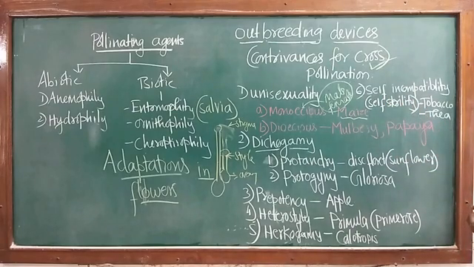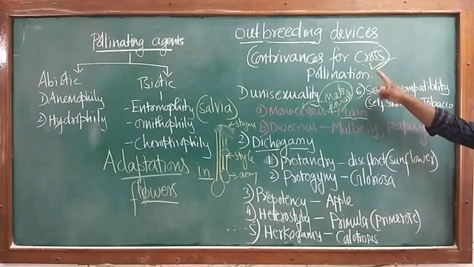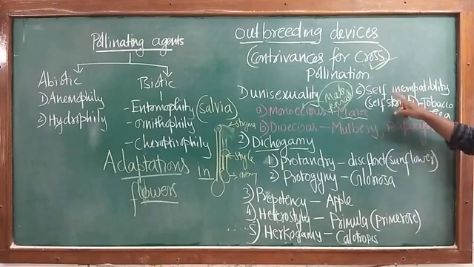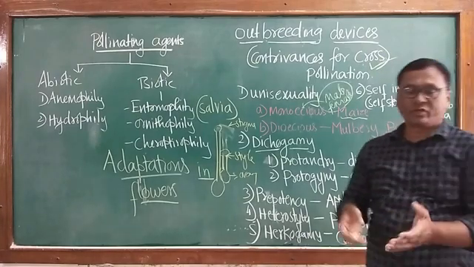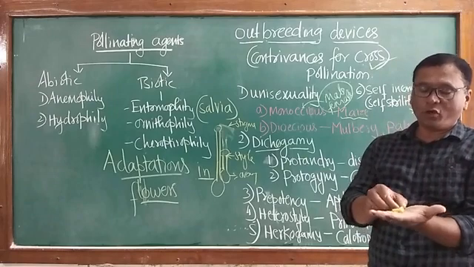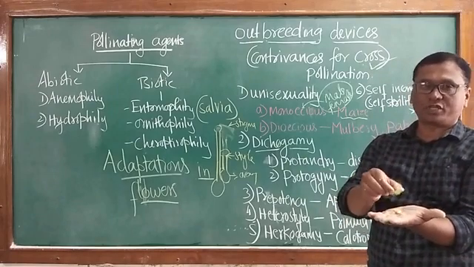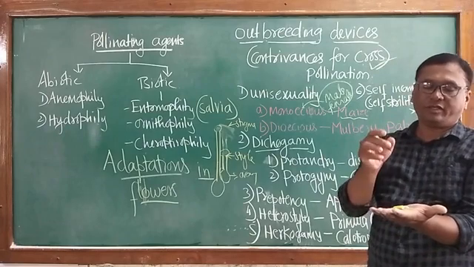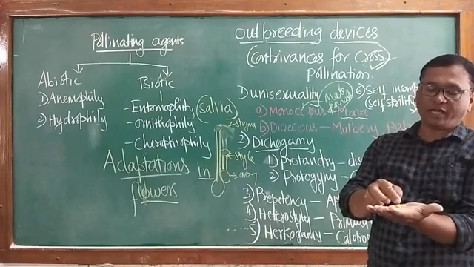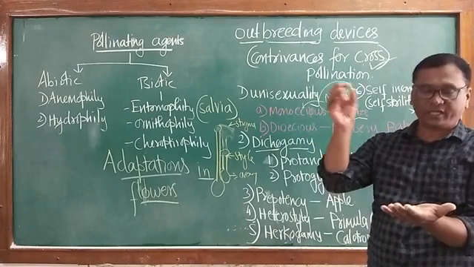The last one, self-incompatibility, sixth one. There are 6 outbreeding devices for cross-pollination. Self-incompatibility or self-sterility. So, if a flower has both androecium and gynoecium, both the anthers and the stigma mature at the same time.